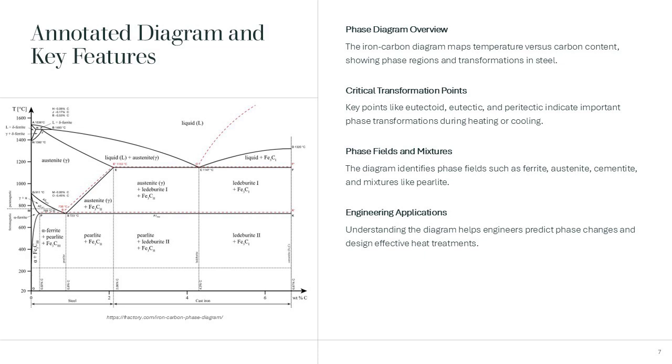These points mark transformations that occur during cooling or heating. The diagram also shows phase fields for ferrite, alpha, austenite, gamma, and cementite, Fe3C, as well as mixtures like pearlite. Mastery of this diagram enables engineers to predict phase changes and design heat treatments effectively.